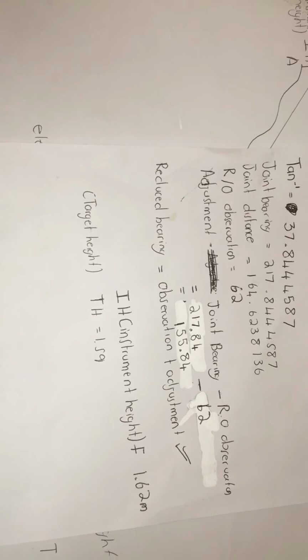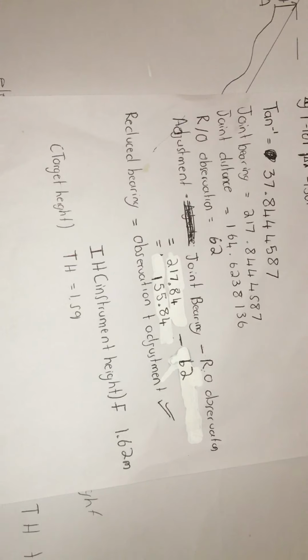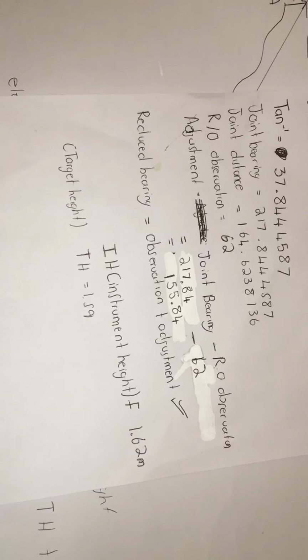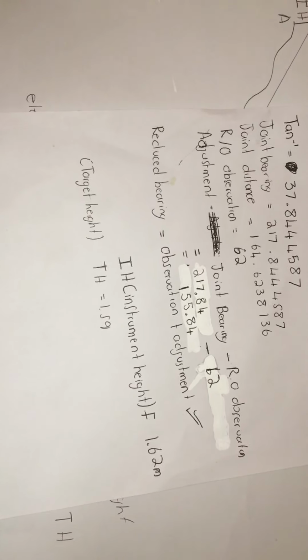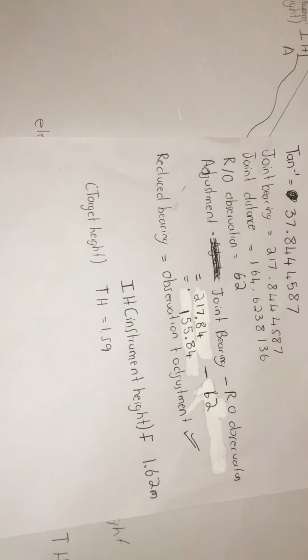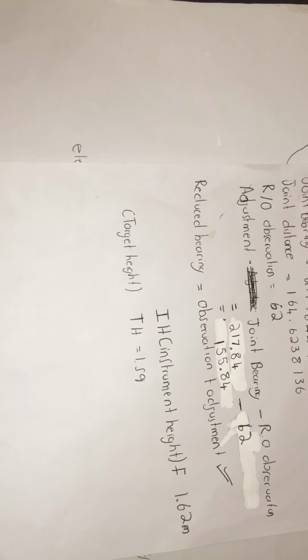You remember, you can calculate your joint bearing, which is also your reduced bearing, from 2 known points. So you'll always be given 2 known points, from which you can determine your joint bearing. And then you can subtract your reference observation, which is also given, to determine your adjustment. That is the equation there.